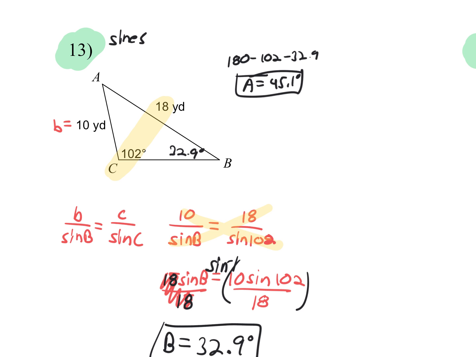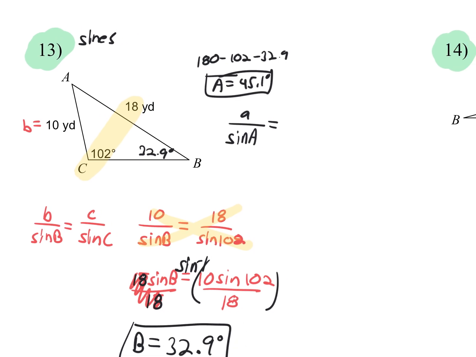And then one more side, we just need side A. So again, we're going to do law of sines for one last time, and then we get our side A. So A over sine A equals, we can do B or C, it doesn't really matter. I'll try C, right? C over sine C. So we're going to get A over sine of 45.1 equals 18 over sine of 102.